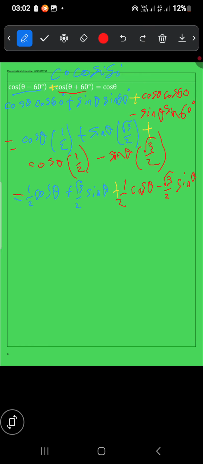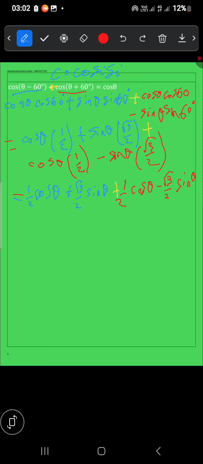So this simplified to that, and this simplified to that.